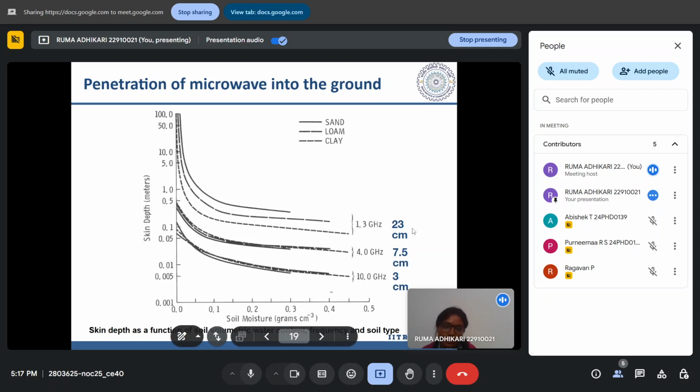I think in future we will work with ALOS-2 data, which is L band data, and that has this 23 centimeter wavelength. It is considered a larger wavelength than these ones, and it penetrates to centimeter level into the ground, and that depends on the soil moisture also.